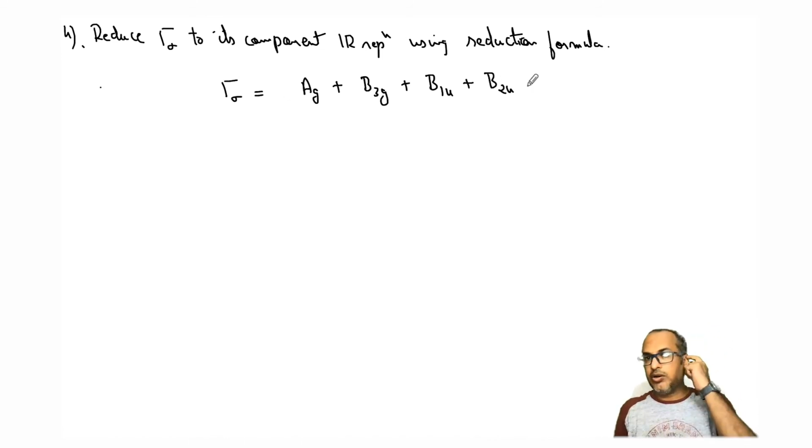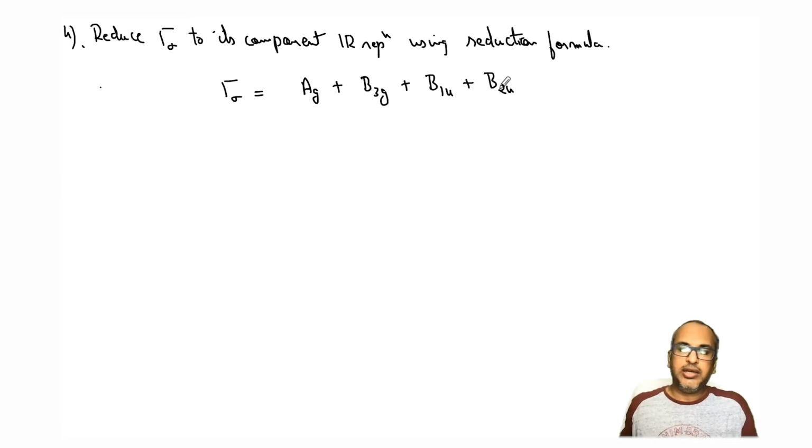So I have got 4 representations. There were 4 basis functions, so you will get 4 1D representations. The linear combination of these will be tau sigma, of which the 4 sigmas form the basis.